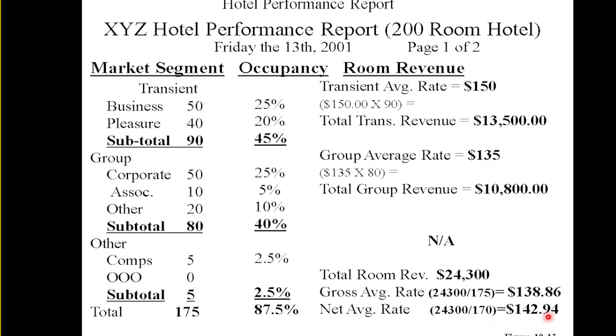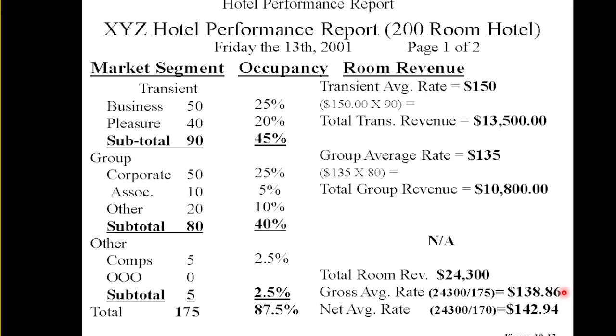As you can see, it's higher, 142.94 than 138.86. Why is it that the net ADR is higher than the gross average rate, than the generated new revenue income?